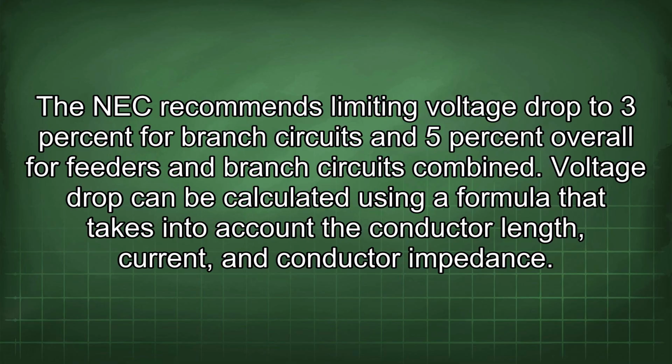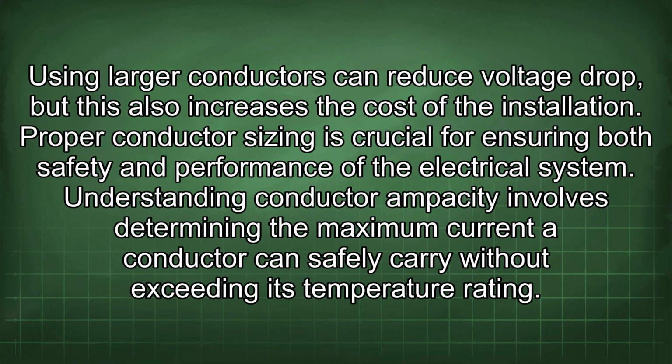Voltage drop can be calculated using a formula that takes into account the conductor length, current, and conductor impedance. Using larger conductors can reduce voltage drop, but this also increases the cost of the installation. Proper conductor sizing is crucial for ensuring both safety and performance of the electrical system.